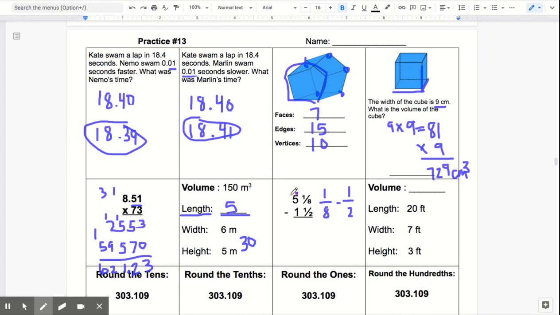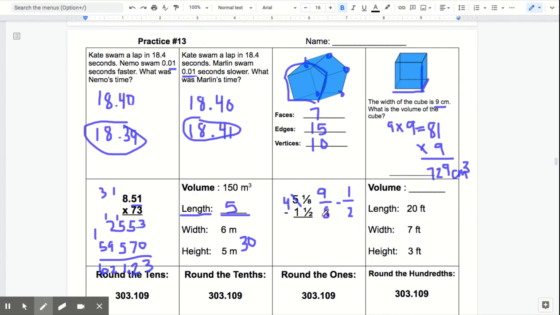So when you borrow from a whole number to make the fraction bigger, you cross out the 5, make it a 4, and then you're going to add one whole to this. So really, you're going to add whatever the denominator is, you're going to add it to the top because we're going to add 8/8 to 1/8. So 8/8 plus 1/8 is 9/8.